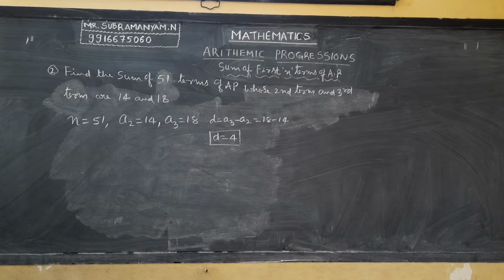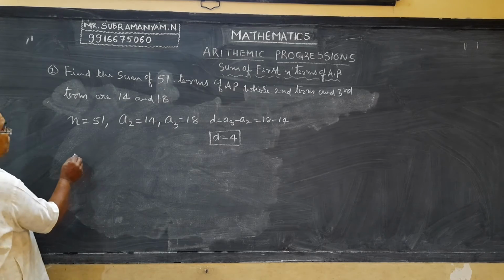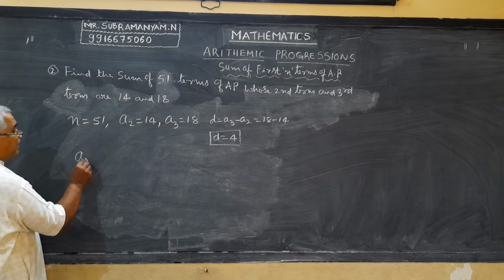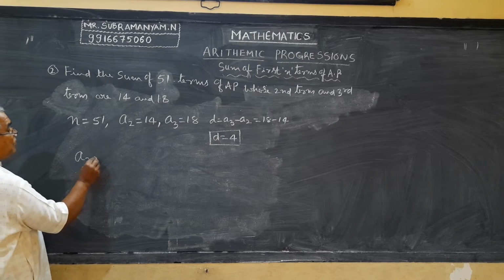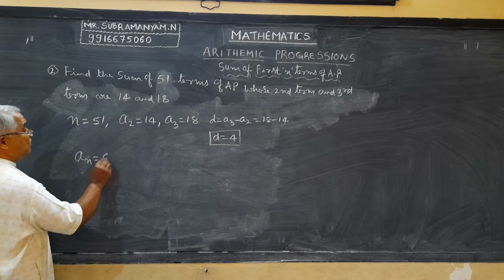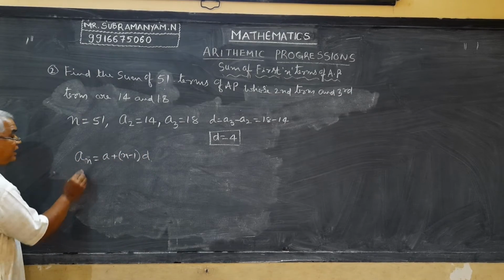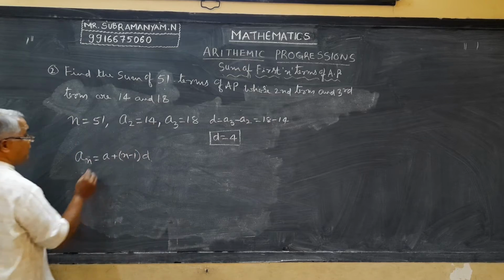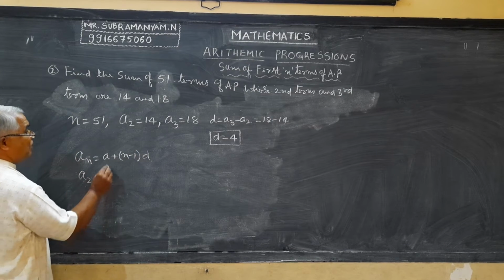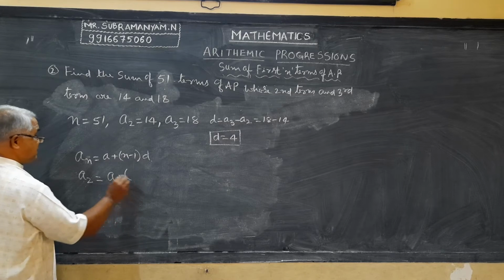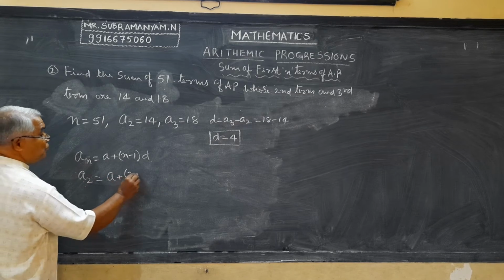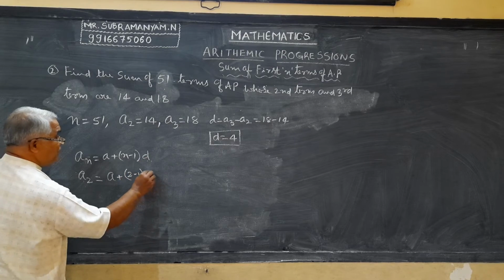Now after finding the common difference, our work is to find the a value and the value of S51. Without finding a value, we can't do it. Now we will write an equal to a plus n minus 1 into d. We know this formula. Now we take a2 value. A2 equal to a, we don't know a value, plus n value is 2, 2 minus 1 multiplied by d, just now we got it.